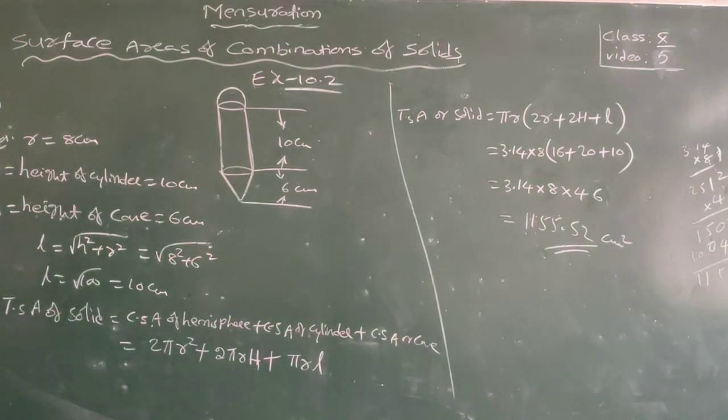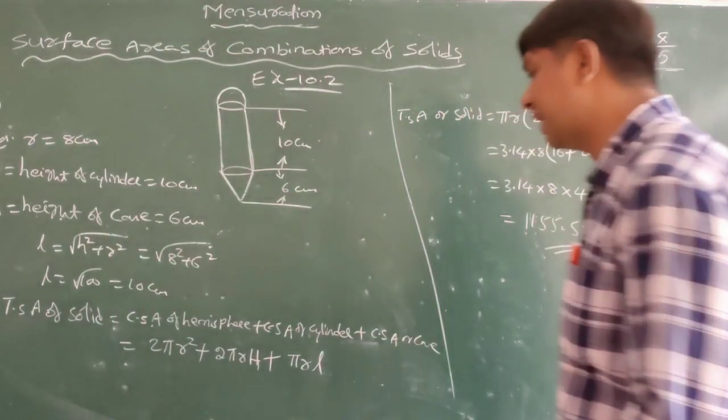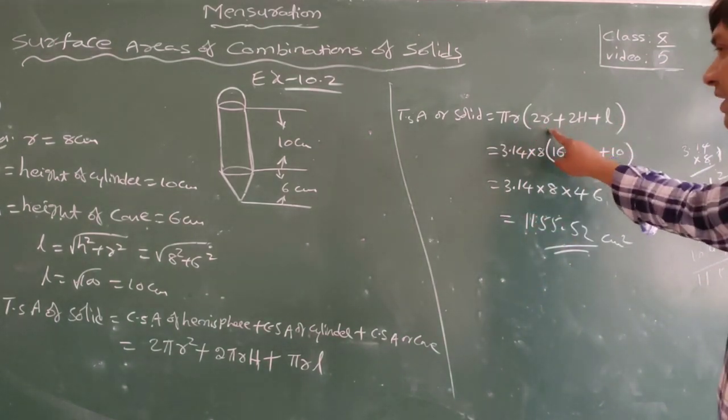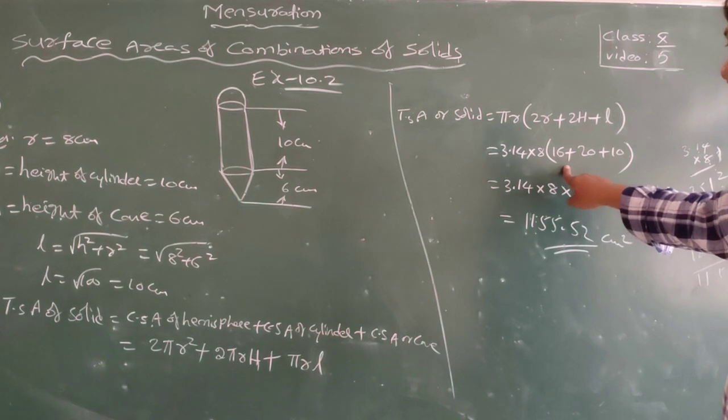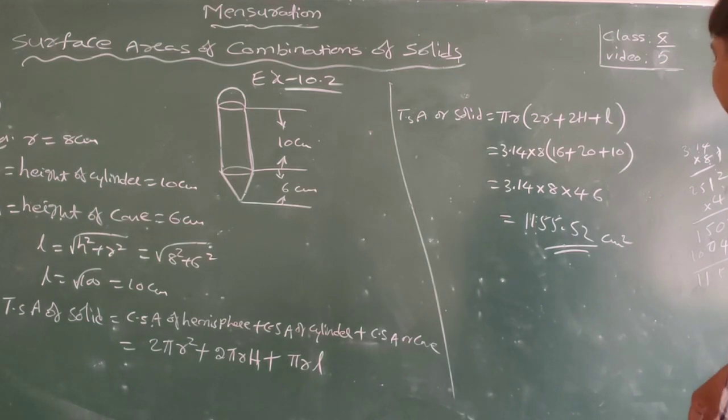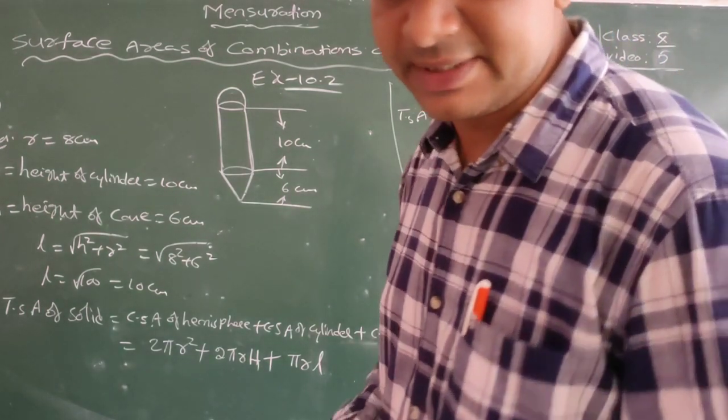And pi r l. If you take pi r common, 2r plus 2h plus l: 2 eights are 16, 2h, 2 tens are 20, 30, 46. 3.14 into r value 8. Simplify it and check out the answer.